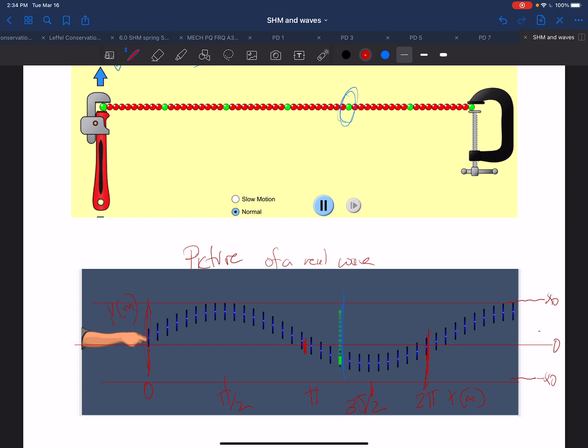But if we were to graph this from this vantage point down here, the blue vantage point, and watching this simple harmonic motion go back and forth, we would have a graph that would look like this. At time 0, it would be at 0.